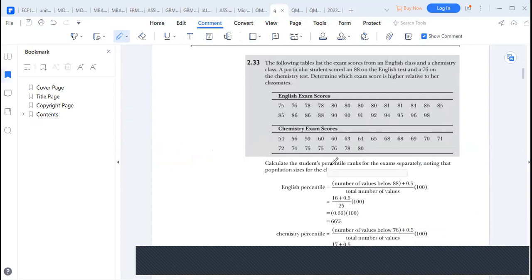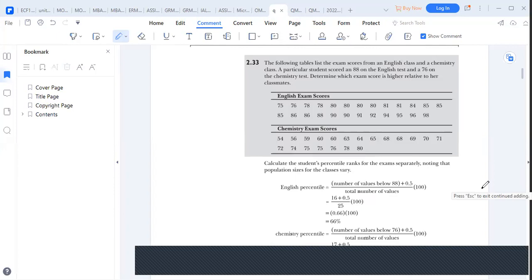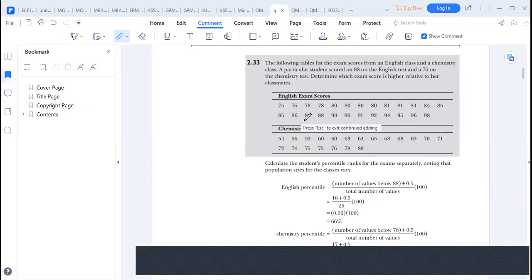We have a table that shows the exam scores in English and in chemistry. In particular, students scored 88 in English and 76 in chemistry. Determine which score is relatively higher. So to calculate the percentile ranks, we do them separately, noting the proportions vary. So here we have English.